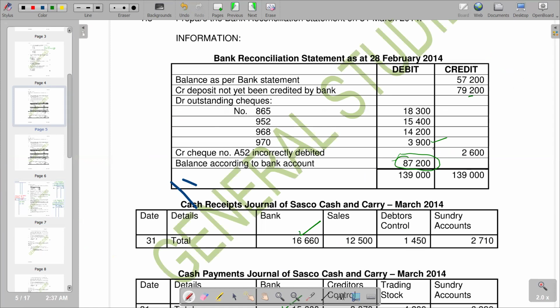So let's just try to see. The check which needs to be removed is 3,900. So we go to our next check that also needs to be adjusted.